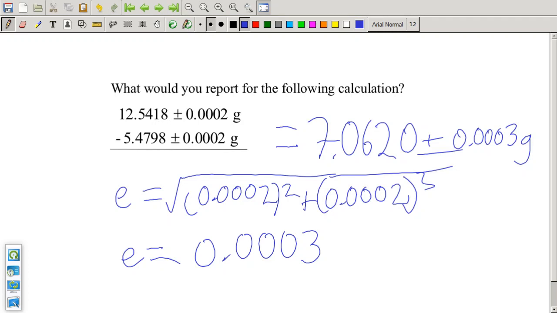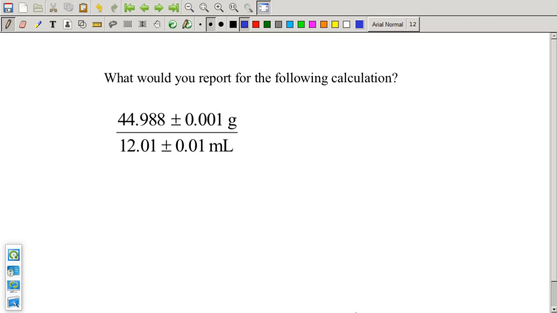Okay, so that's the easy part. Now let's go on to the tougher part. Say we're going to calculate a density. So we've got a mass, we've got a volume. We can say, all right, this is a density calculation.